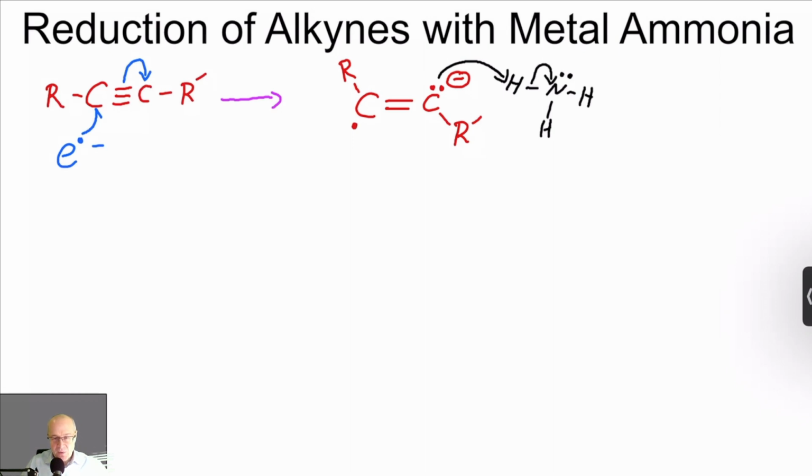So the anion here attacks a proton of ammonia, and that will give us the protonated version of the radical. So now we just have a free radical. Instead of a radical anion, we have a free radical.